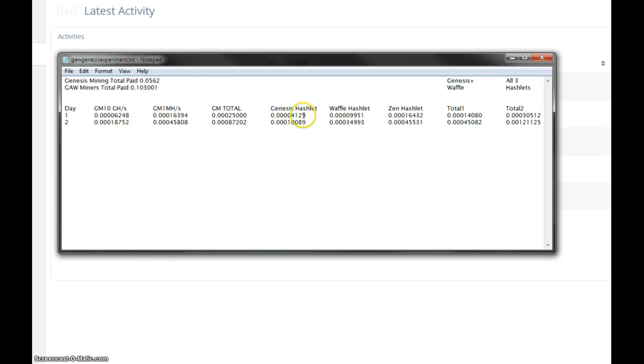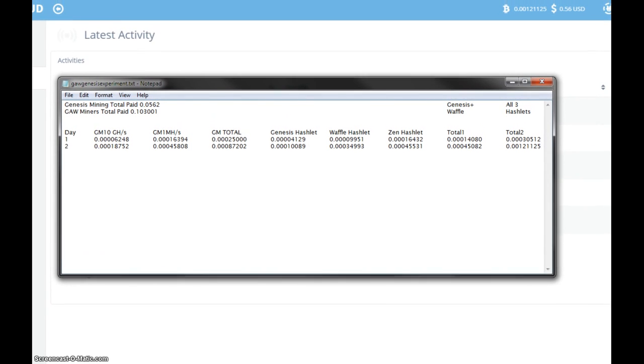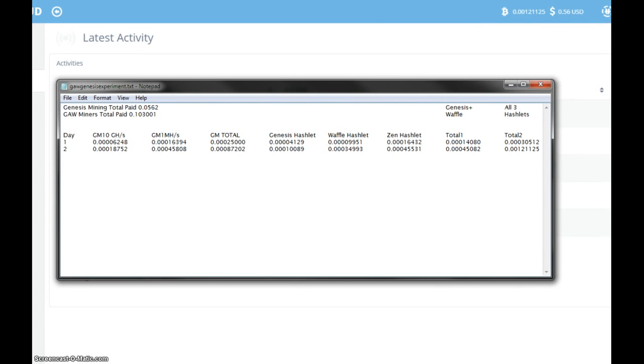Okay, so let's see. I'm now scrolling up the zoomed in area here, and here you go. That there is exactly the same. So there you have it.